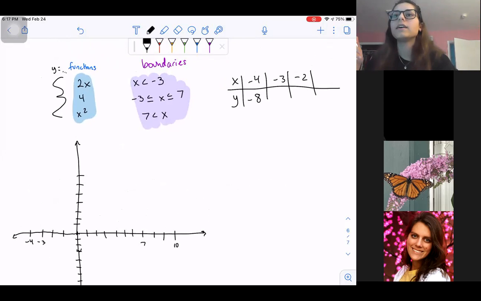-3 is another point. For -3, we're actually going to plug it in twice. One time is the real deal, the other time is an estimation. So let me just do it and maybe you'll catch on. If we plug -3 into these functions, we would not use the first function. We would use the second function, because on the second boundary we have this line down here, which tells us that x includes -3.